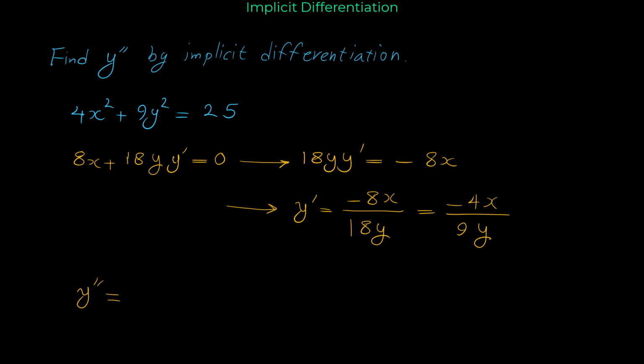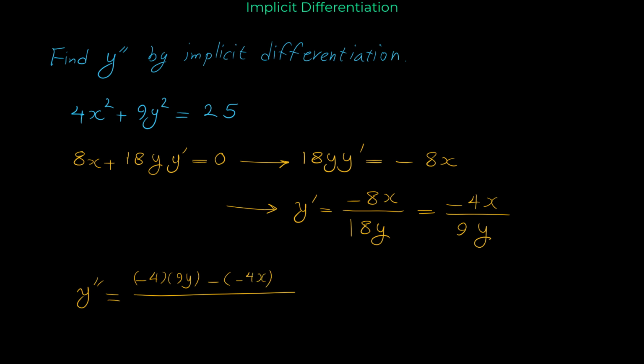So let us start finding the derivative of negative 4x over 9y with the quotient rule. The derivative of the numerator is negative 4 times the denominator, minus whatever is in the numerator multiplied by the derivative of the denominator.